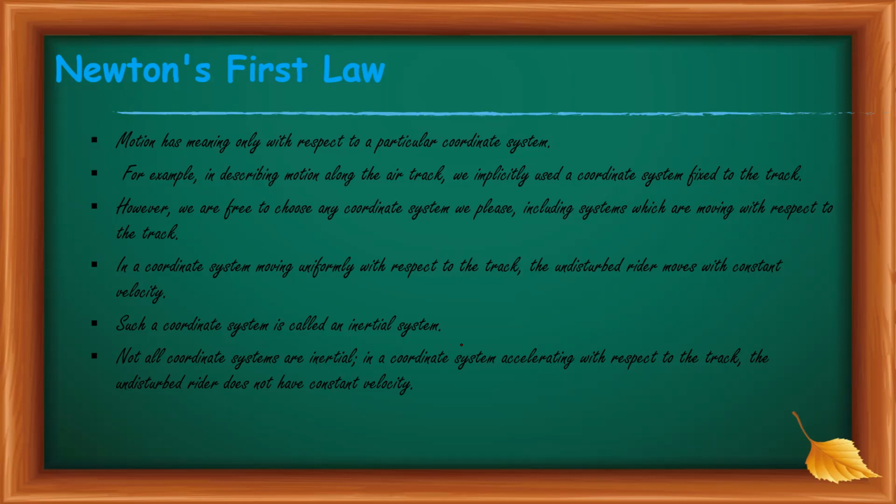The rider will be moving with a constant velocity when we observe it from an inertial frame of reference. However, it is always possible to find a coordinate system with respect to which isolated bodies move uniformly. This is the essence of Newton's first law of motion.